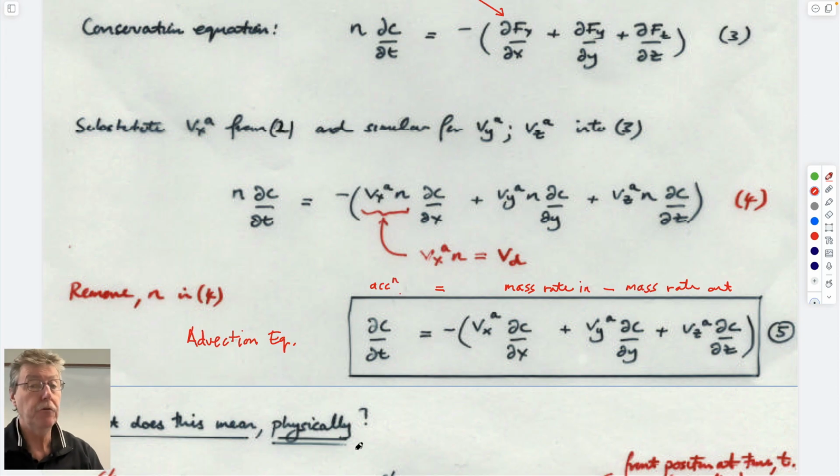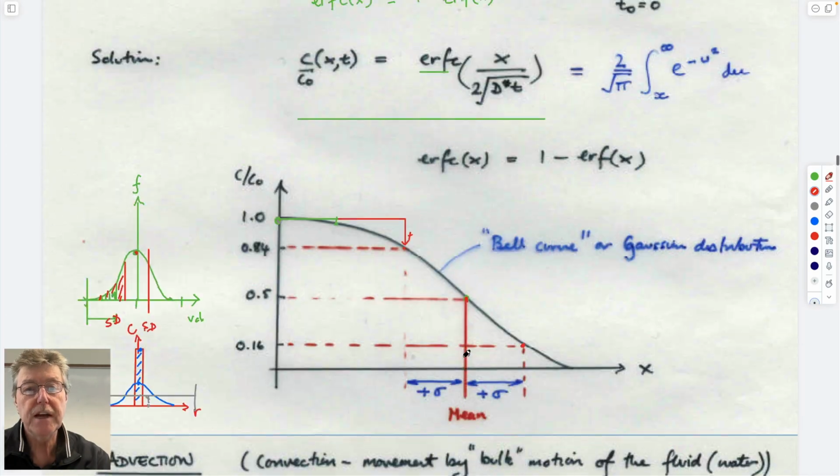It's just the same as before. And there's no diffusion going on here. So if it starts off as a little bead of a bubble of ink, it stays at that shape as it gets carried downstream.